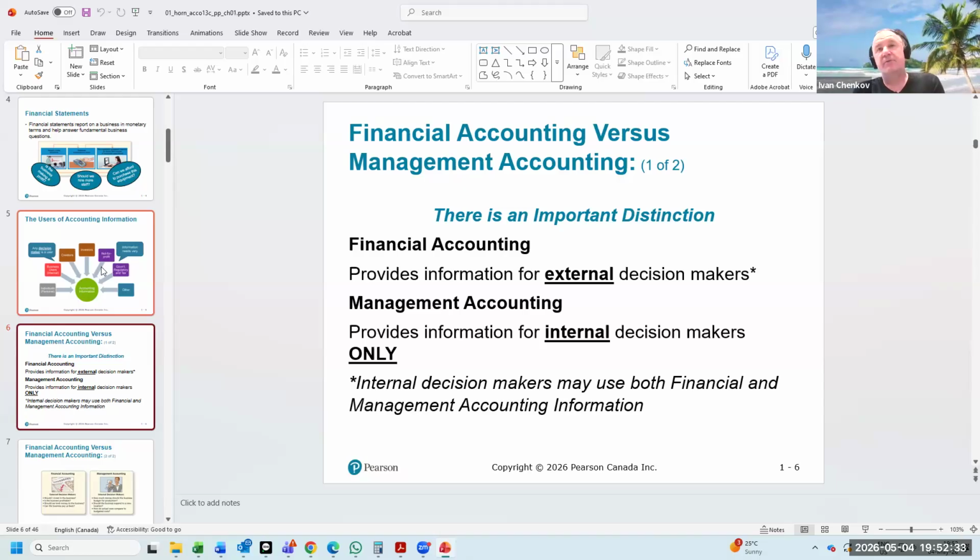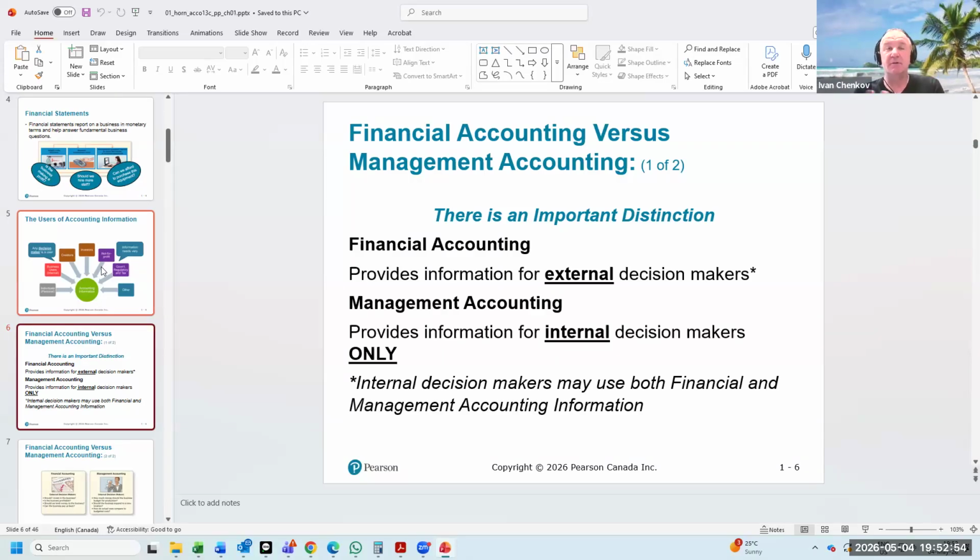And the other main users are the internal users, who are the decision makers for the company, how the company performs and what kind of activity we have in the company in order to generate revenue. That will be subject to management accounting.